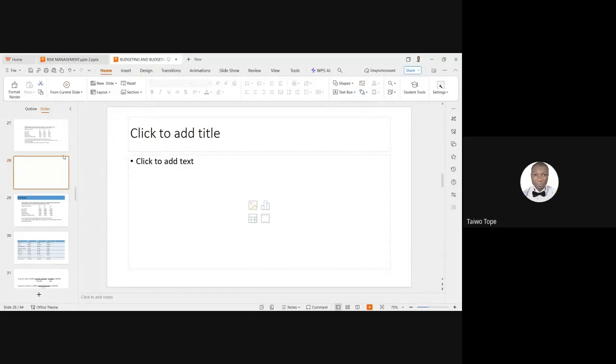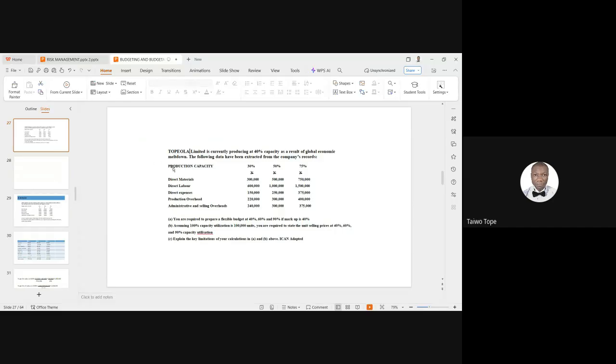Now, in this question, we have various cost items. One, we have direct material. We need to determine the value of direct material at 100% or at 1%, whichever approach. But I prefer 100%, so that once I get my value at 100%, 40% of that value will give me the cost element at 40%.